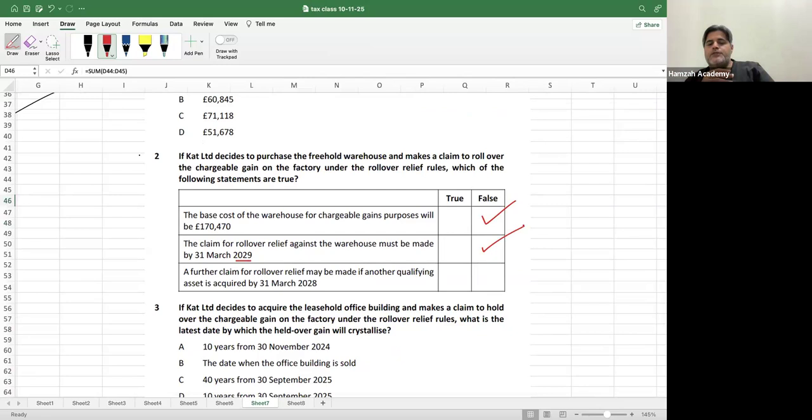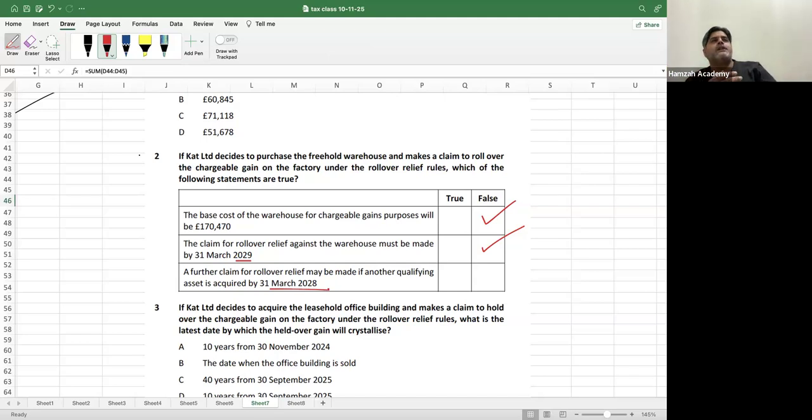A further claim for the rollover relief may be made if another qualifying asset is acquired by 31st March 2028. Now, the further claim for the rollover relief can be made if another asset is acquired by not 31st March, that is after 3 years, right?